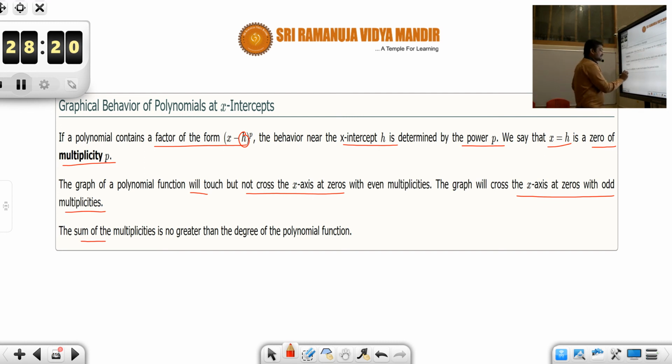And second thing, the sum of the multiplicities is no greater than the degree of the polynomial function. This is the fundamental theorem of algebra. Okay, the proof is beyond your syllabus.